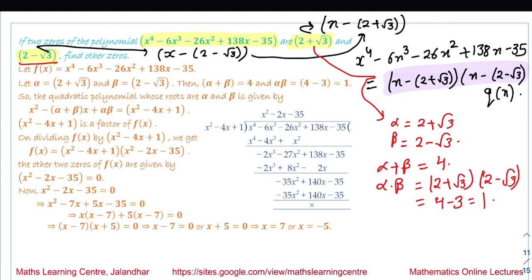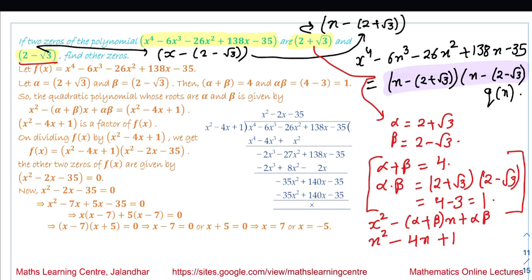So we are trying to find a quadratic polynomial whose sum is 4 and product is 1. The formula is x square minus (alpha plus beta)x plus alpha into beta. So that polynomial is x square minus 4x plus 1. This is the required polynomial.